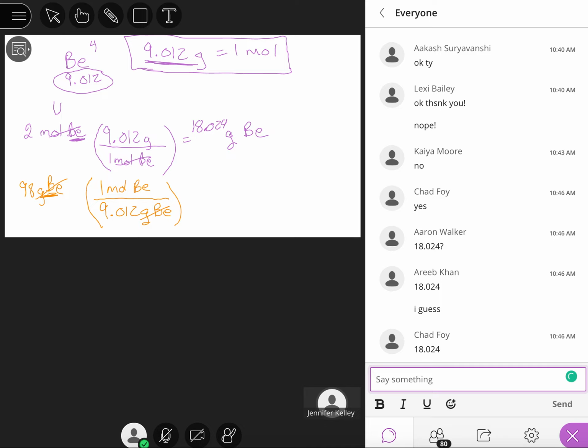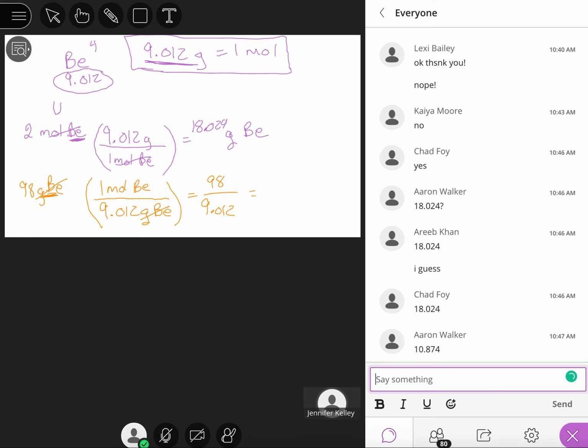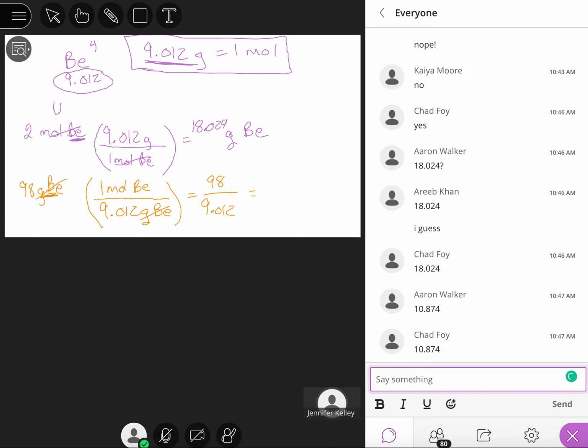Now you multiply across the top, 98 times 1 equals 98, and then across the bottom, we only have one number, 9.012. Plugging that into the calculator gives us 10.874 moles of beryllium.